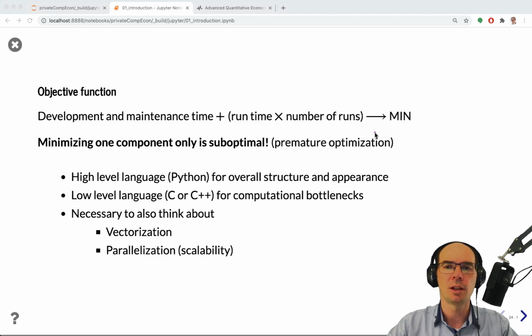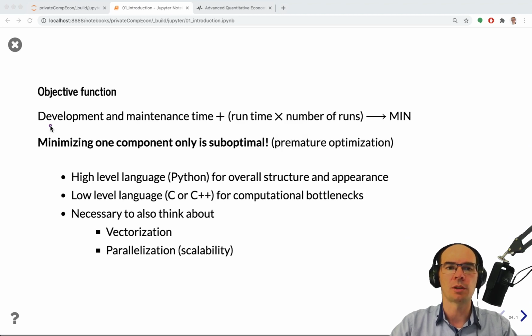And of course, learning and investing a lot of time in code development into a language which has really low runtime, so that code runs really fast, makes sense if you have to run it many times. And that's what you have to do in structural econometric applications, for example, but not as much in macroeconomics.